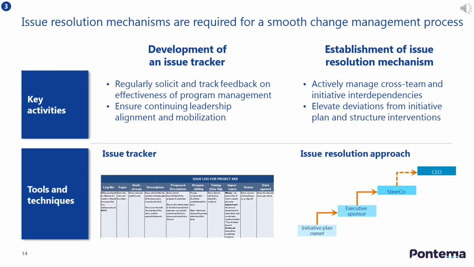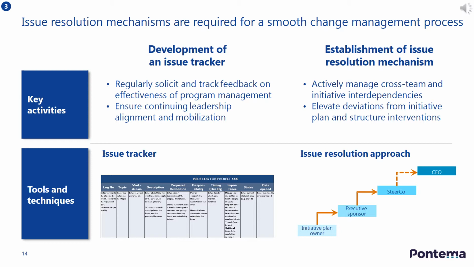The fourth and final stage in the program execution process is issue resolution. This is the resolution process by which the PMO identifies and resolves critical issues that may be affecting the program's ability to succeed. An issue tracker allows the PMO to capture all issues during the duration of the program.